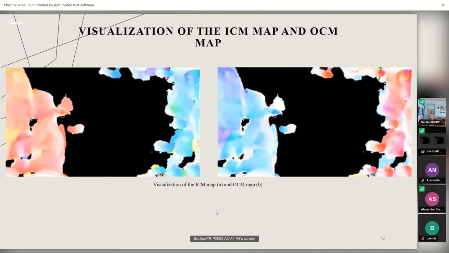Look at this example. It's an in-pixel map, and in any point here, and any blue point here, it means that the direction from this map is to the left, and the direction from this map is to the right. So these pixels leave this position in the right direction, go to the right position and come from the left position.